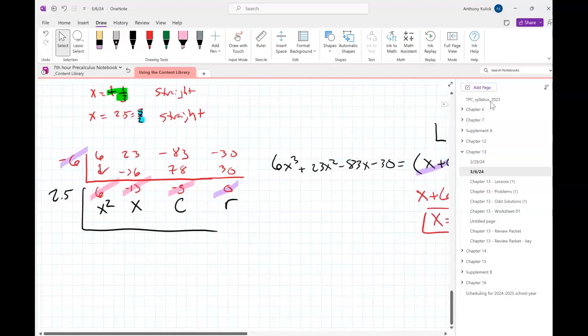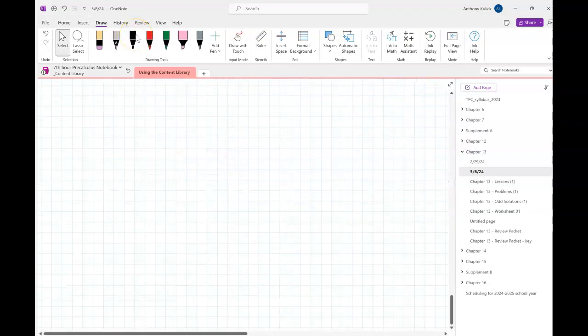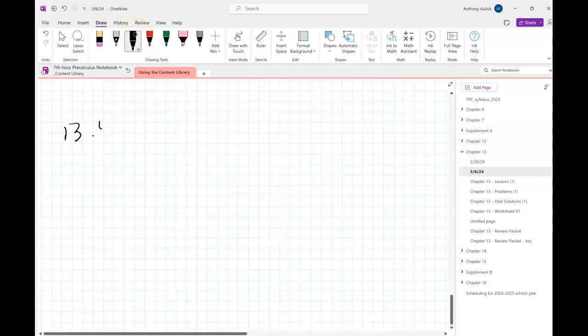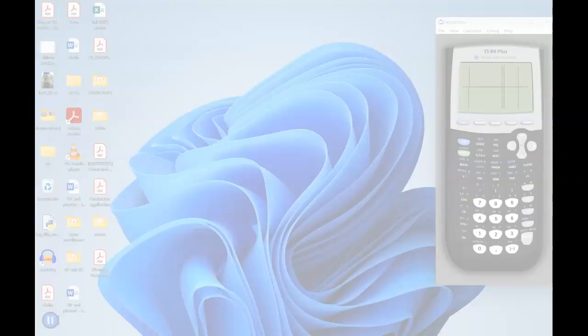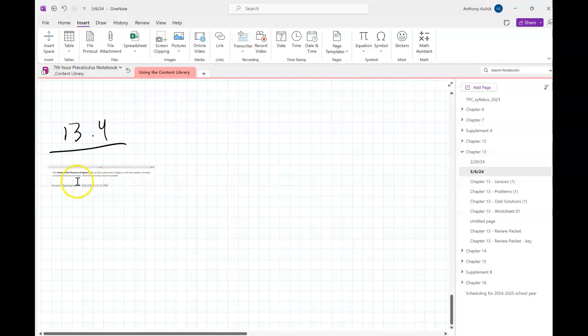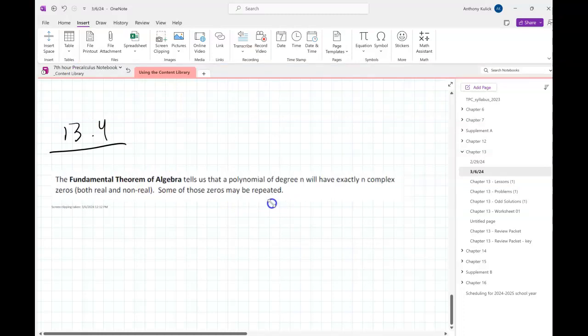So section 13.4 says, okay, what if I have the possibility of getting complex or imaginary zeros? Well, right away, we're going to update that theorem from the previous section that told us the number of zeros is at most the degree of the polynomial.